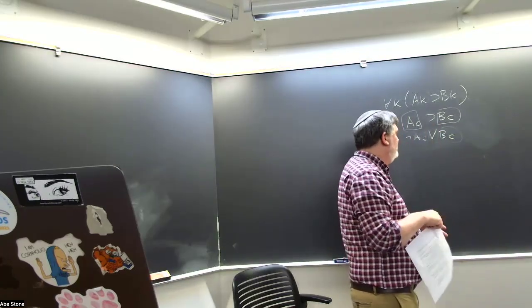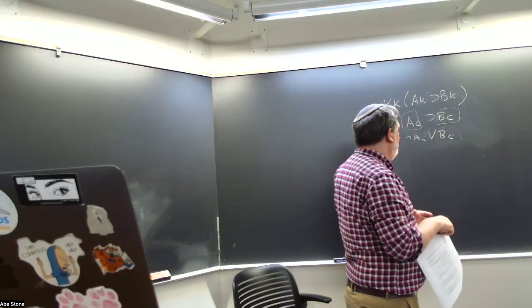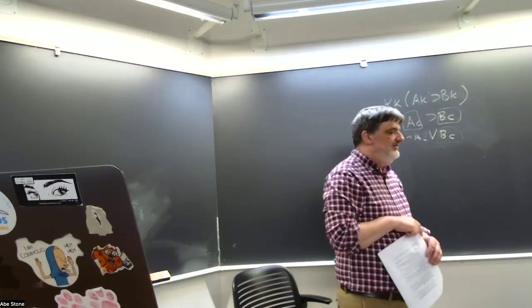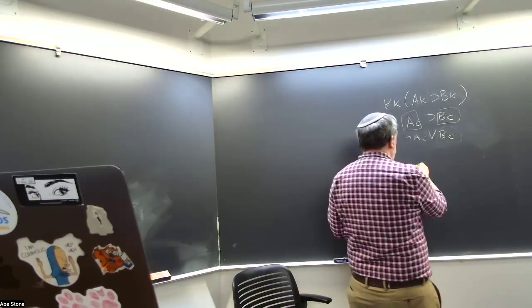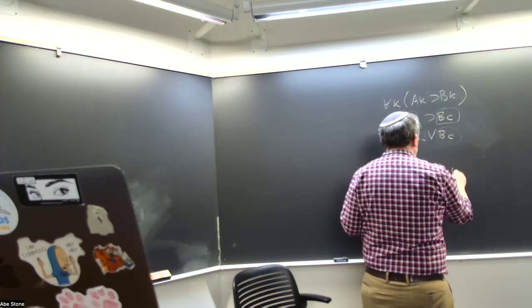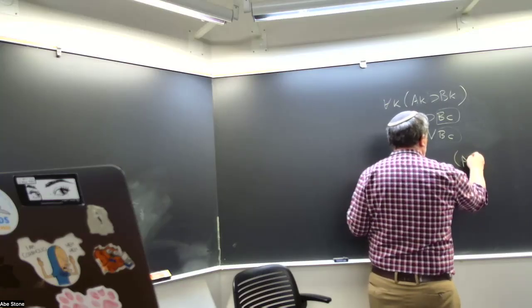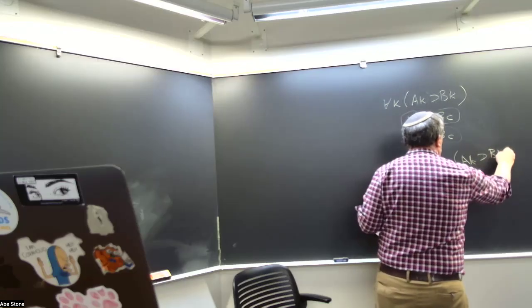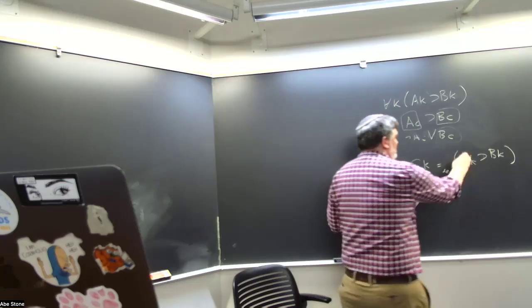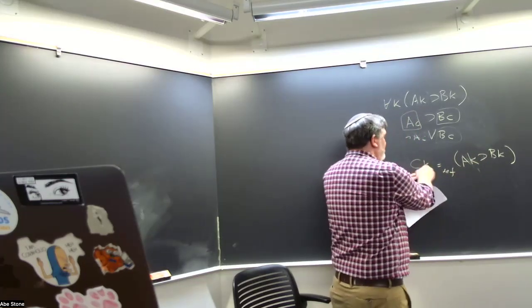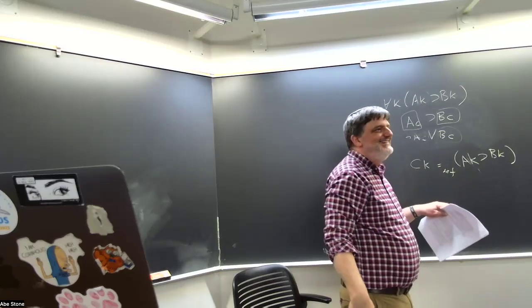But of course, that's no good unless you restrict what kind of predicate it can be. Because, for example, you could define the new predicate C to mean this, right?